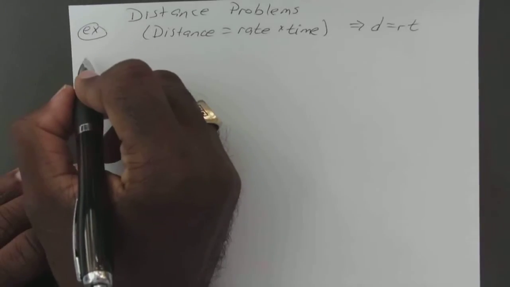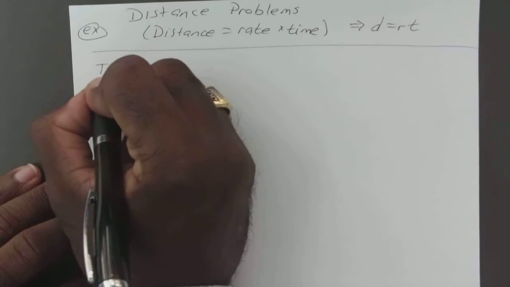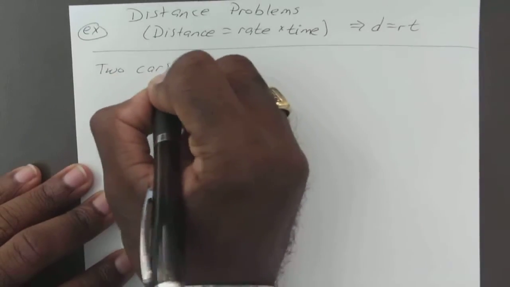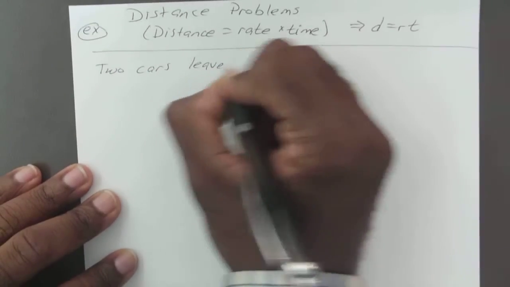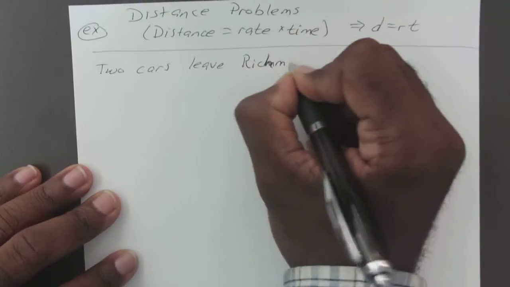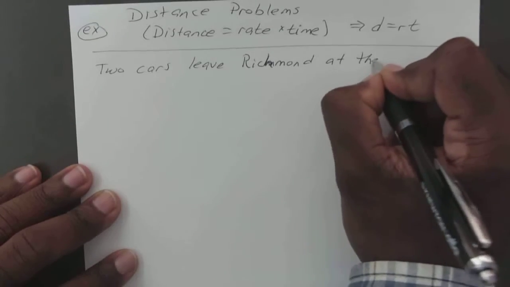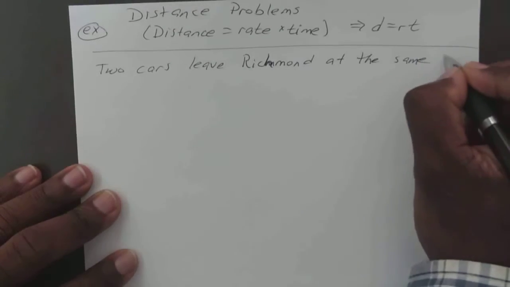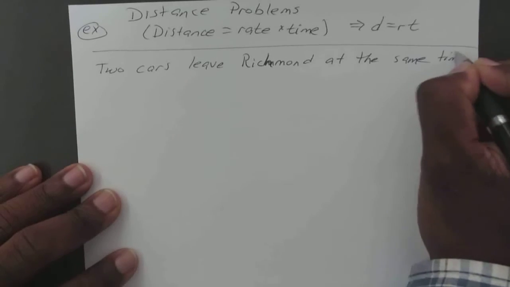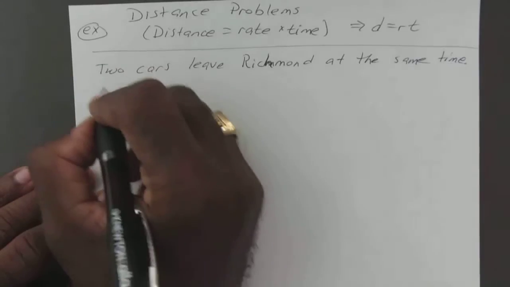Okay, so let's say, for example, 2 cars leave Richmond at the same time. Okay, the cars travel in opposite directions.